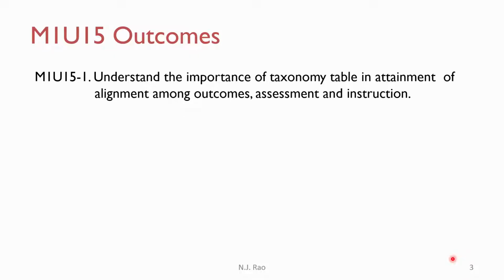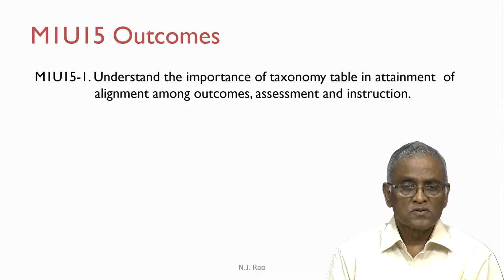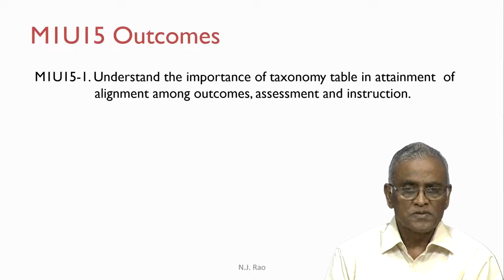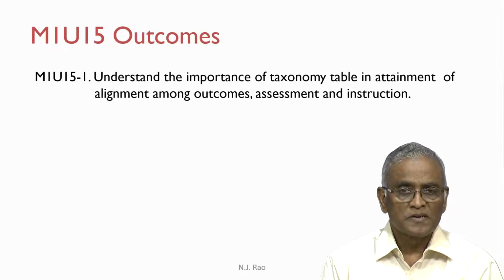Note that there are three elements of any course. One is outcomes. What should the student be able to do? That is outcomes. Then we should be able to measure that attainment, whether the student has attained that or not. That is done through assessment.